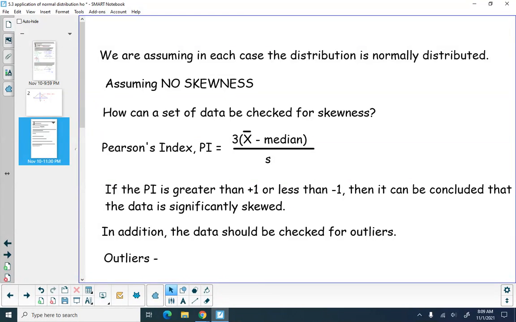In addition, you have to check for outliers. So if your Pearson's index is between 1 and -1, and you have no outliers sitting there, you should be good.